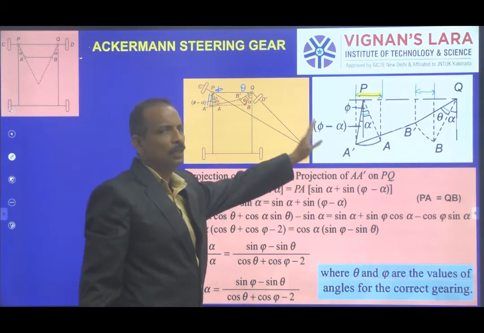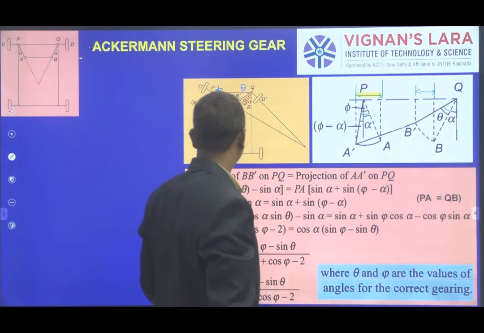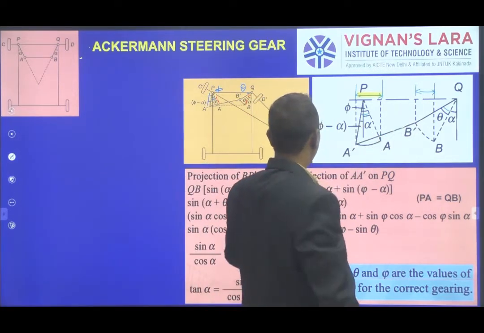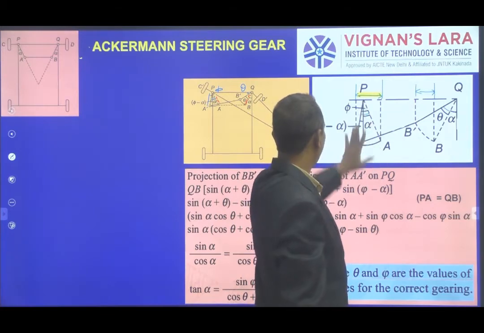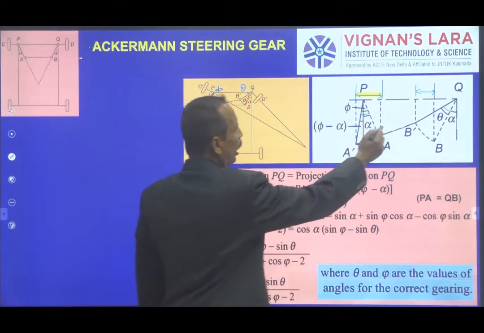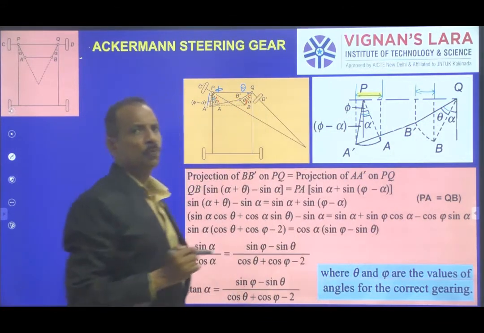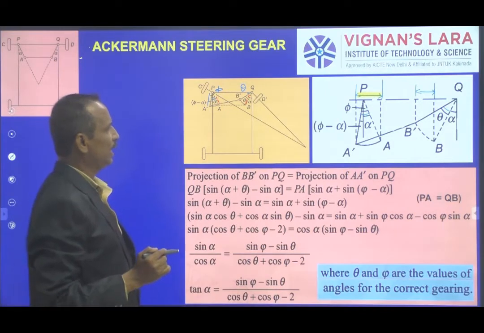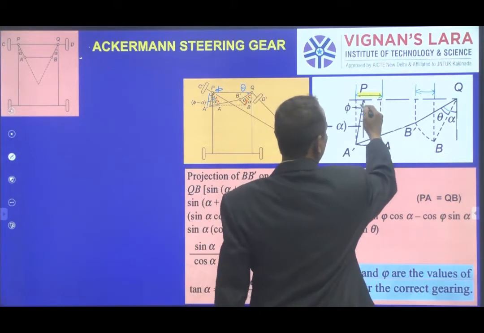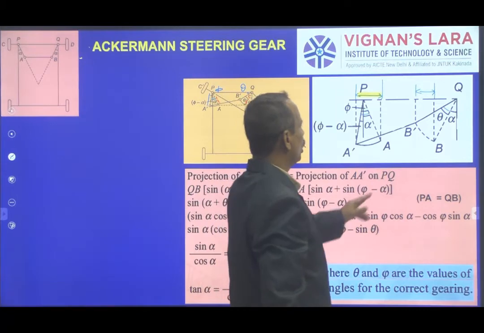From simple geometry or trigonometry, how can we write the projection of BB dash on PQ and the projection of AA dash on PQ? You can observe that QB dash forms a triangle, and similarly there is a triangle corresponding to PA.